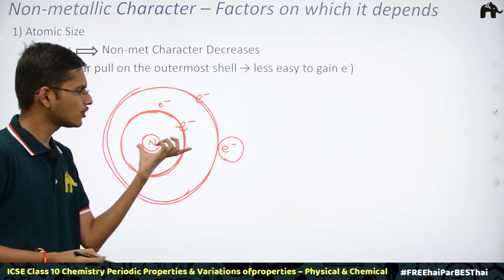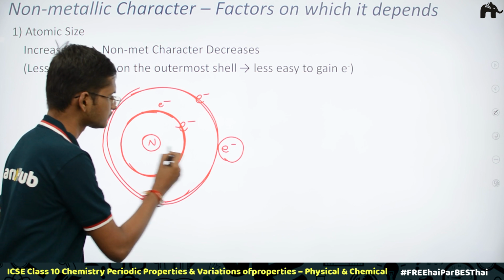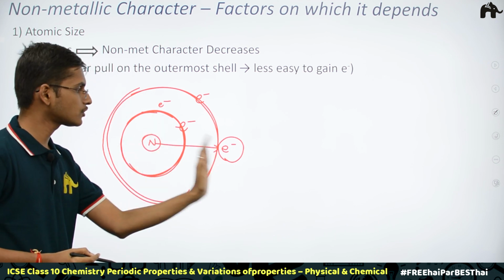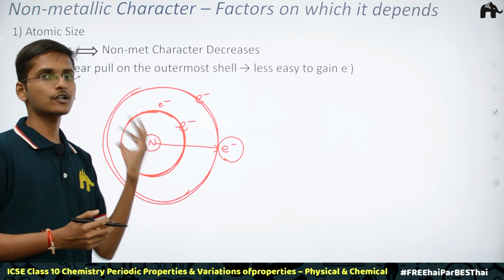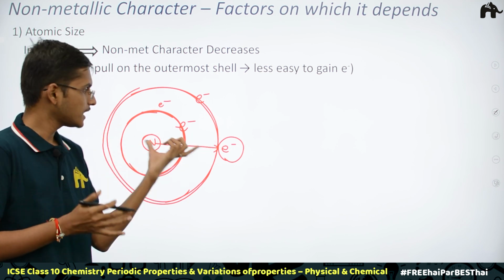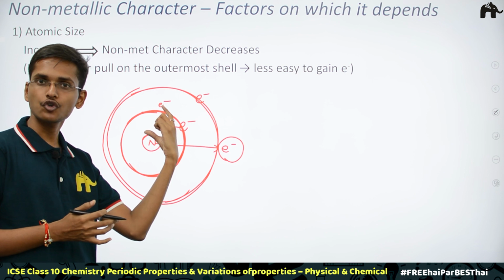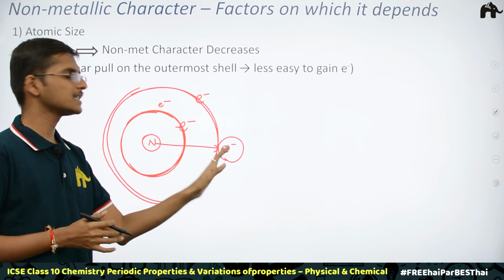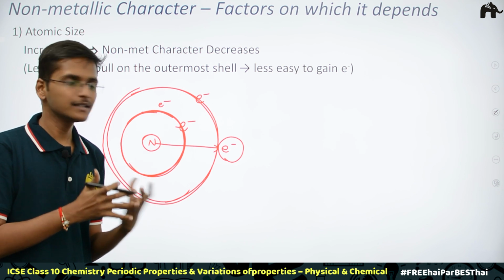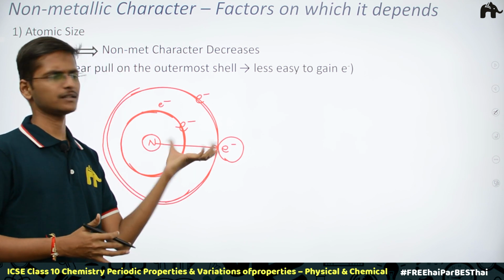Because the nuclear influence on the outermost shell is less, it won't pull that electron as strongly. This means that the tendency to gain the electron in this case would be less than in the previous case.